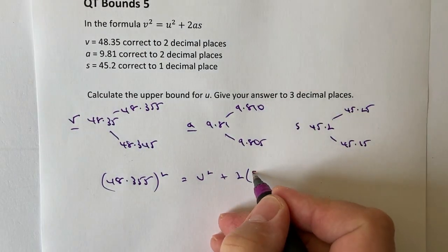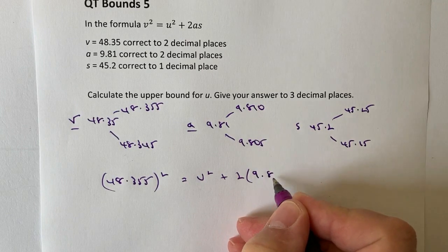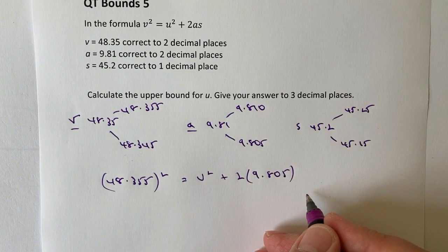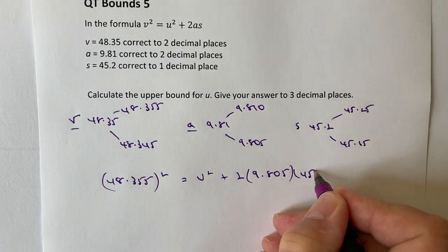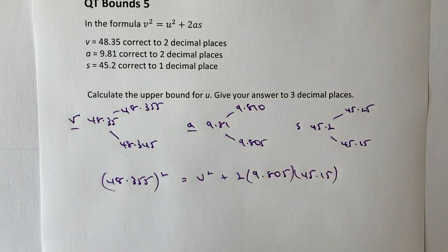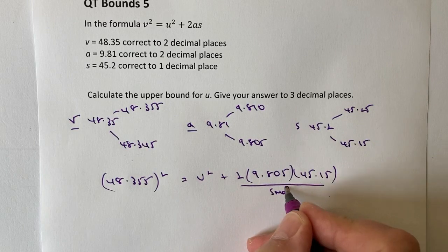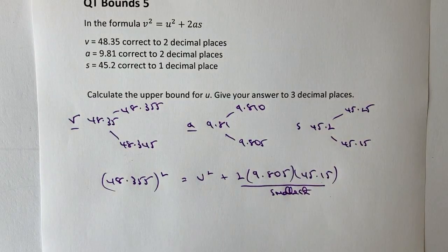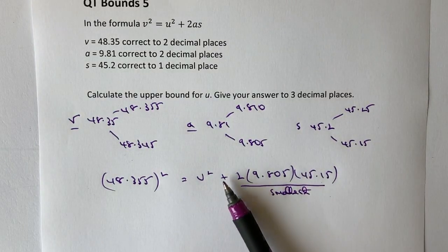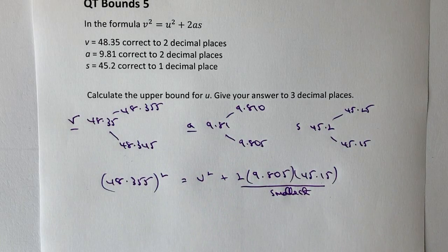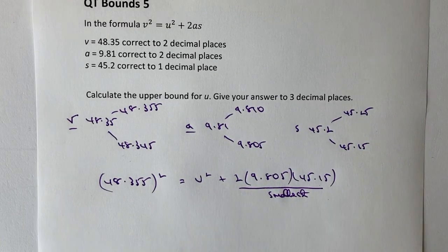So we need the value of a to be 9.805, and then s is going to be 45.15. The important thing is this whole calculation is going to be the smallest, because when we move it over to the left hand side, we're going to subtract it. So when we take it away from this calculation, it's still going to be the biggest this number can be.